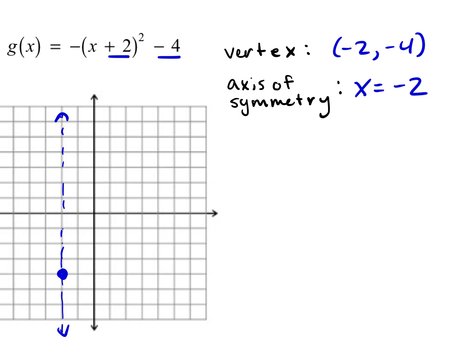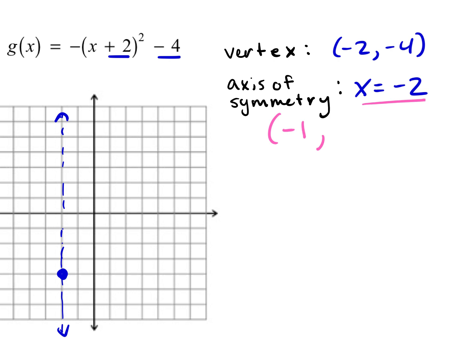Now, how can we find another point on our graph? What should we do? We want to plug in a number that's close to what? Close to the axis of symmetry. What's a number close to the axis of symmetry? Sure, -1. So the x in our point is -1. How do we find the y?